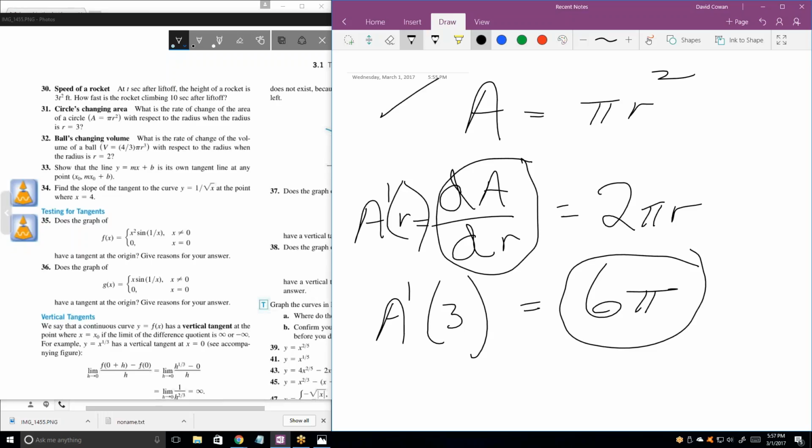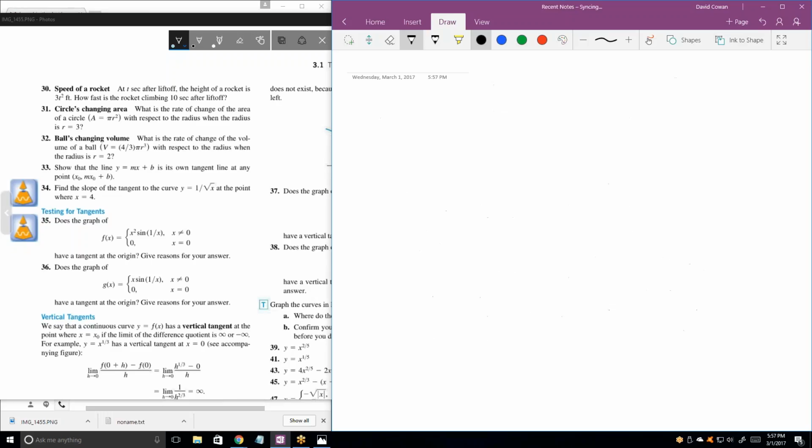When the radius is 3, it's changing by 6 pi. If the radius were 10, it would be changing by 20 pi. Okay, so all of these problems that look strange, they're all first derivative. They're all pretty much the same.